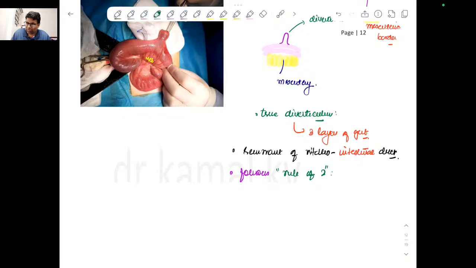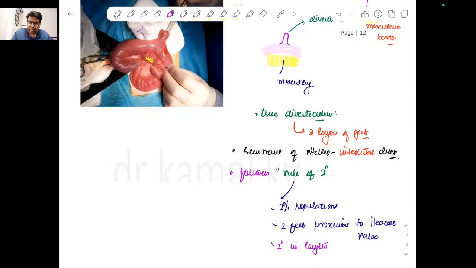This is Meckel's diverticulum. So rule of 2, like in 2% population, okay, then 2 feet proximal to ileocecal valve, 2 inch in length, right?